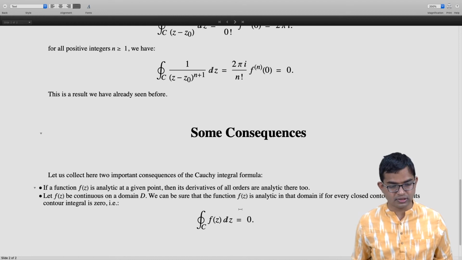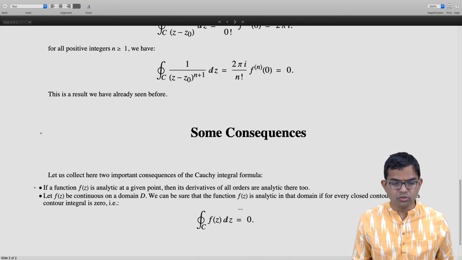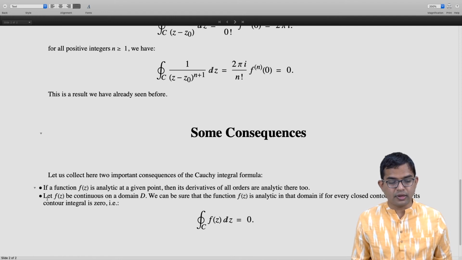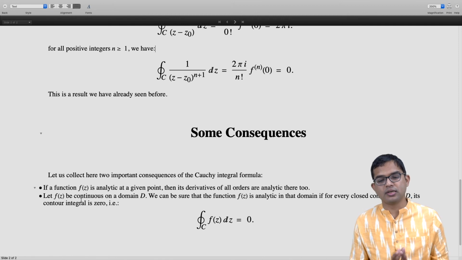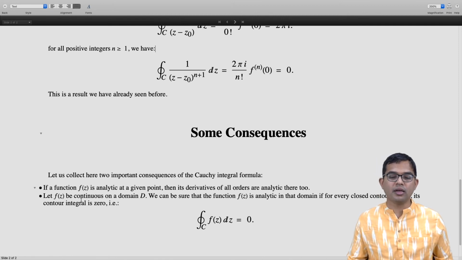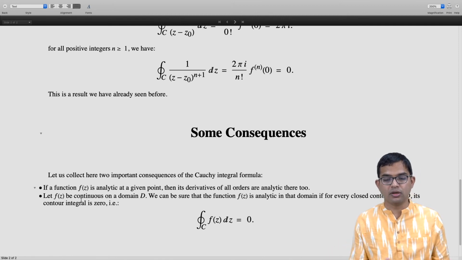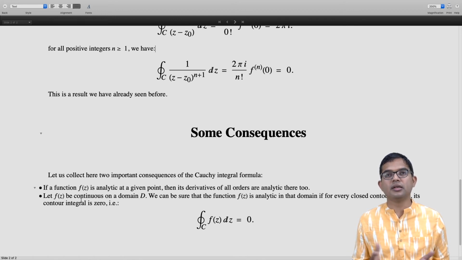So you can keep on differentiating as many times as you want if you're working with an analytic function. Now it's also true that if f of z is continuous on a domain, and if we can be sure that any closed contour integral of this function f of z is 0, then it's guaranteed to be analytic, right?